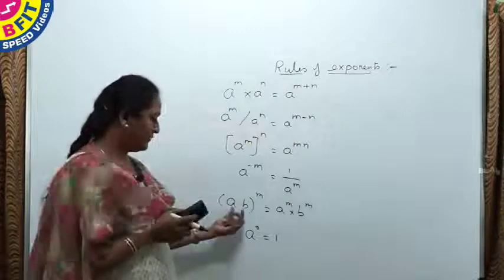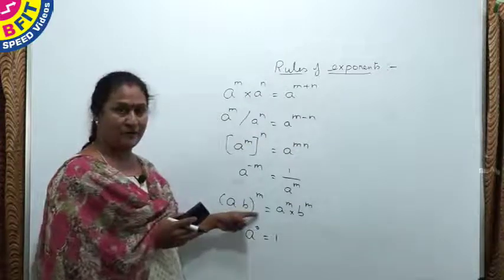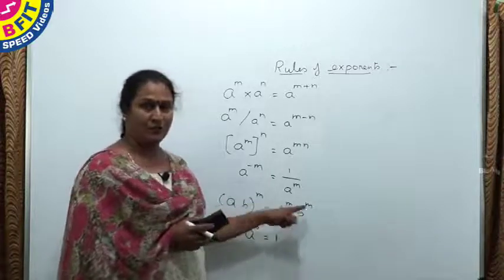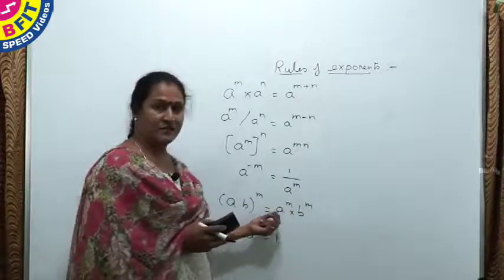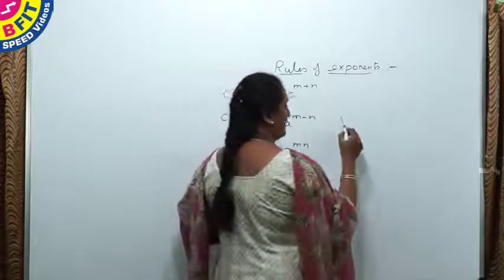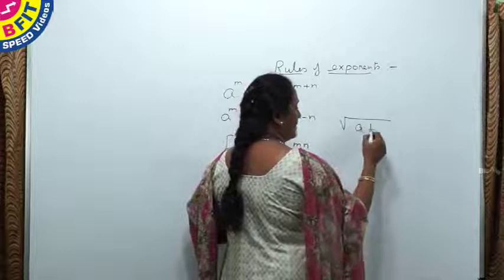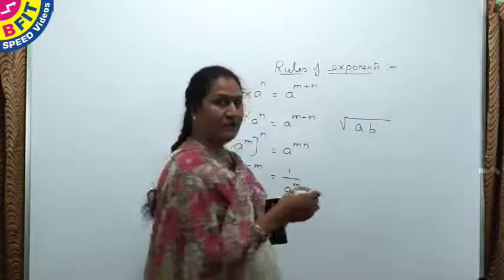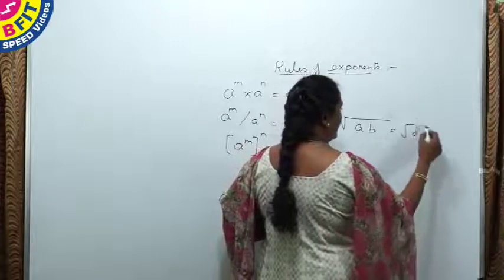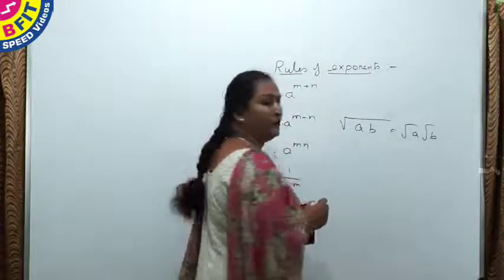When you have two different bases with a common power, this can be written as a power m into b power m. Both the bases have the same powers. Say, if they give an expression as root of ab, this can also be written as root of a into root of b.